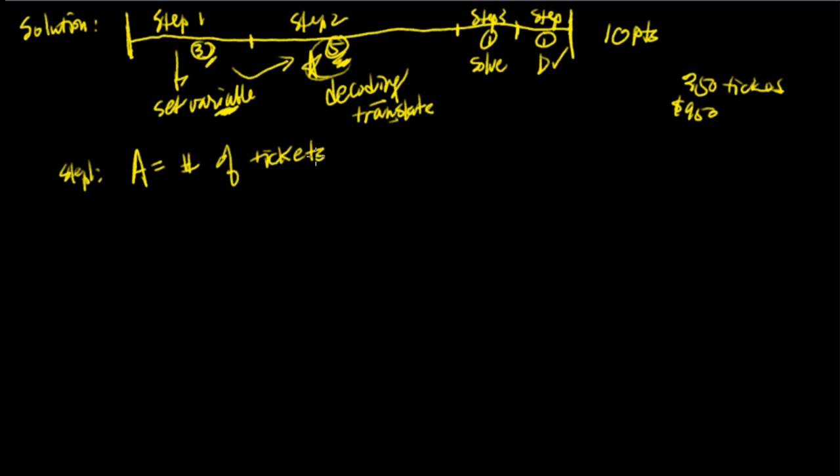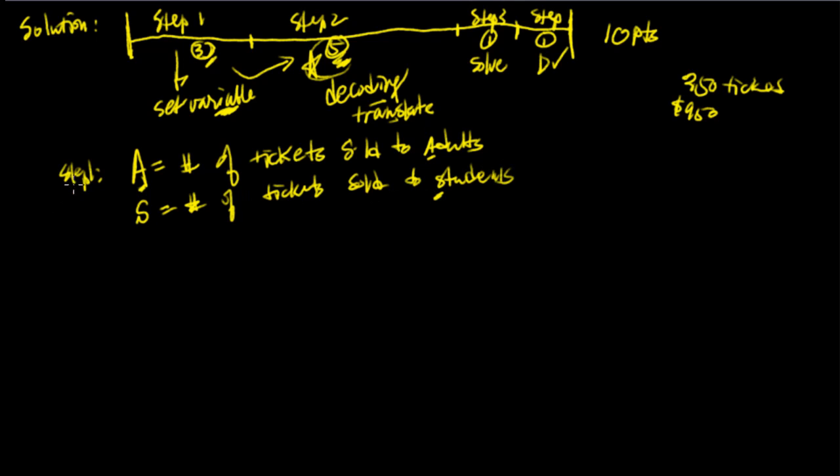So right away in my mind, I know it's a number. It's not a dollar sign. The unit for this A is a number: number of tickets sold to adults. I'm using A and S to keep it simple for me to remember. Let S be the number of tickets sold to students.